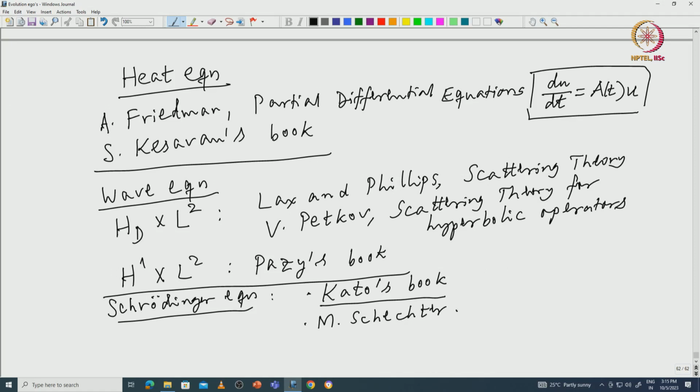In fact, here you see multi-particle dynamics. The Schrödinger equation we are discussing is for a single particle, but one can write down a Schrödinger equation even for a multi-particle system.